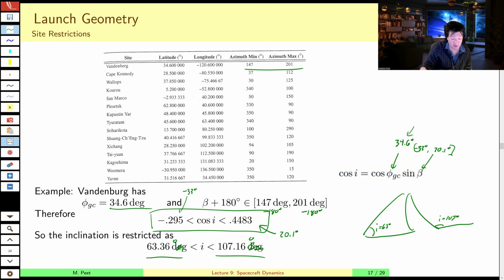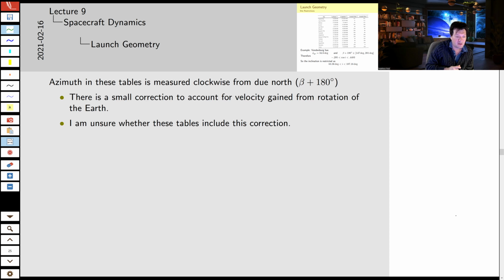I should mention that the tables listed here, I believe, do not include a correction which you have to add to the geometry to account for the rotation velocity of the Earth. But I'm not absolutely sure on those numbers.